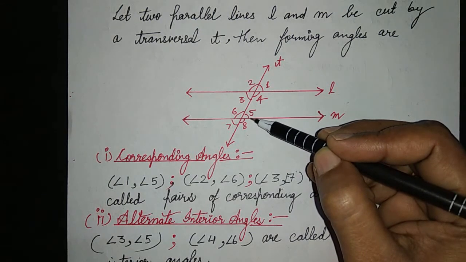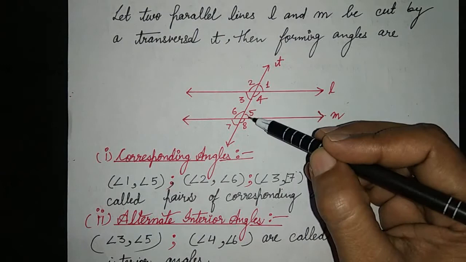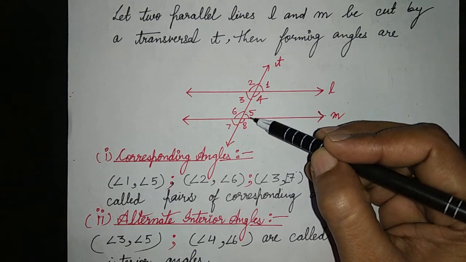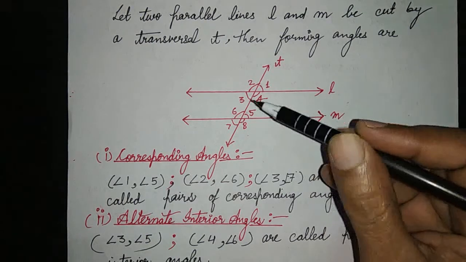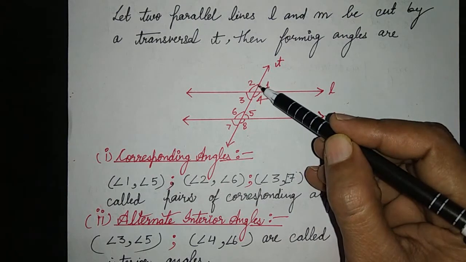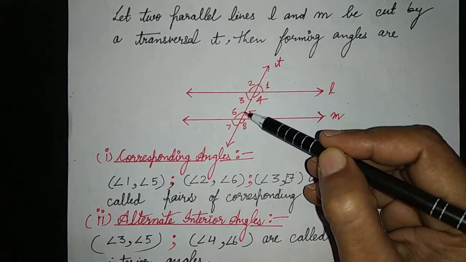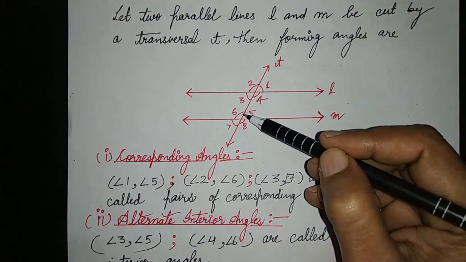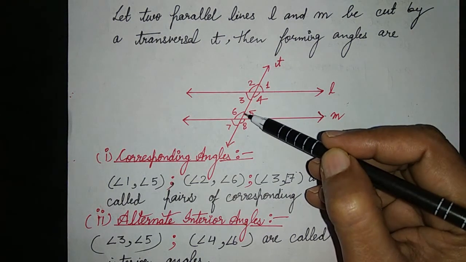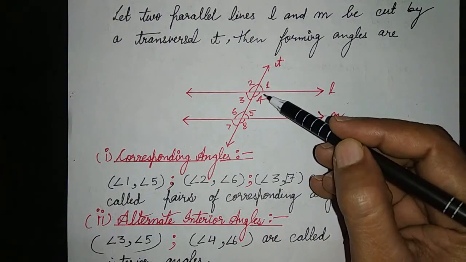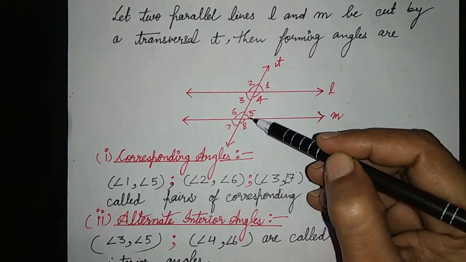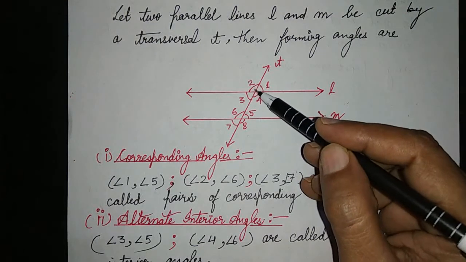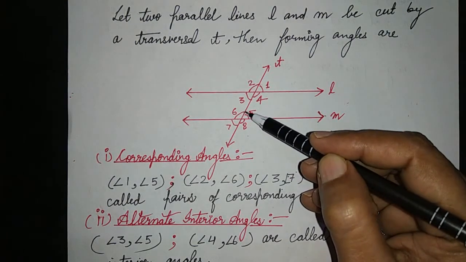Now not only 1 and 5 are a pair of corresponding angles. Here angle 2 and angle 6 are also a pair of corresponding angles. Okay, the first pair is angle 1 and 5 and the second pair is angle 2 and angle 6.